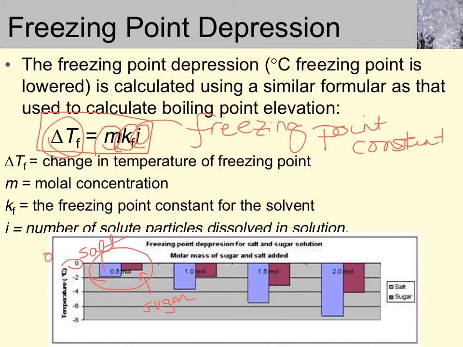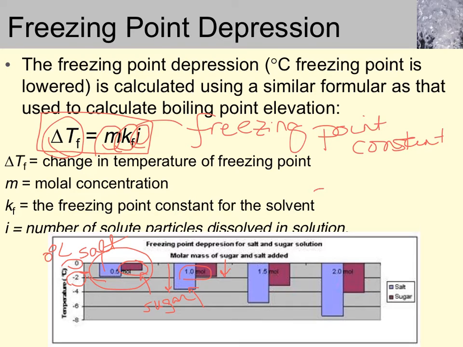It's normally 0 degrees Celsius. You add a solute. When you add 0.5 moles of salt, the freezing point goes down to -2. With 0.5 moles of sugar, the freezing point only goes to half that amount. And that trend continues. So if you look at adding 1 mole of salt and sugar, the freezing point of salt will go down to almost -4, whereas the freezing point of the sugar solution goes only to -2.